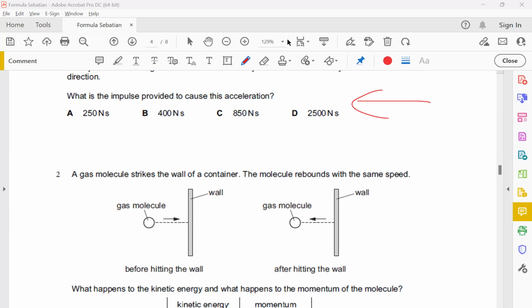Great, good. Substitute all the information in. Equal.